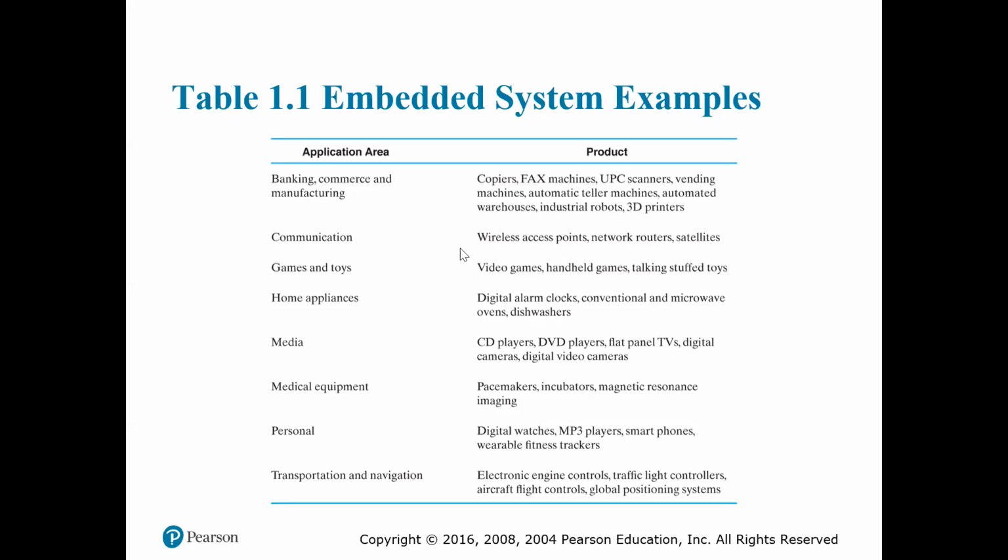Your smartphone is listed as personal, but there are base station towers and phone wires for communications for your cell phone. Games and toys, video games, home appliances, dishwashers, microwave, your alarm.